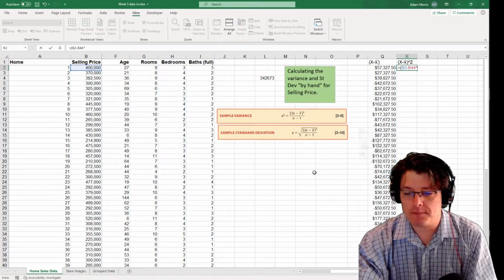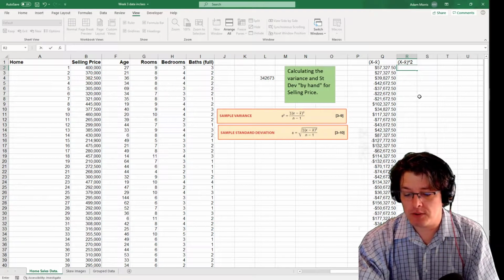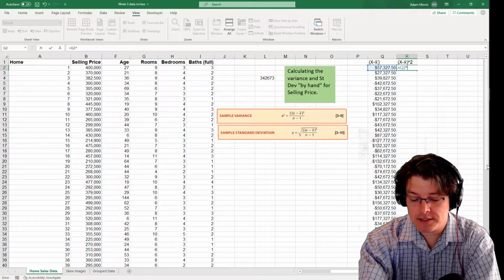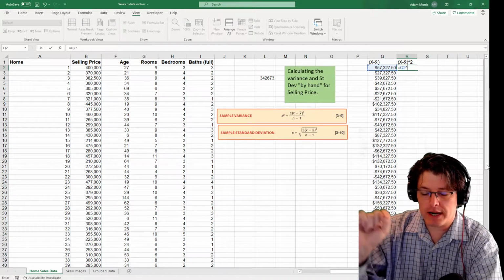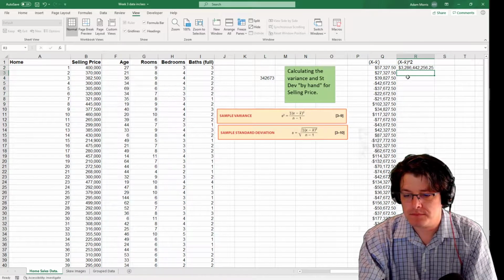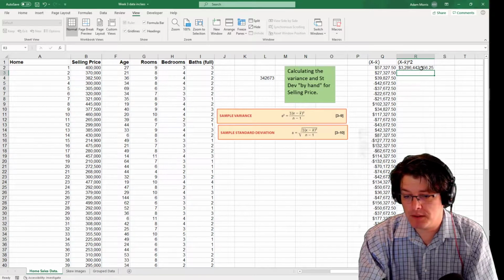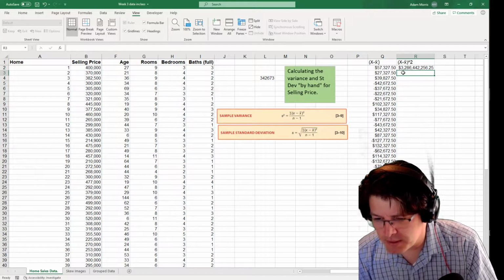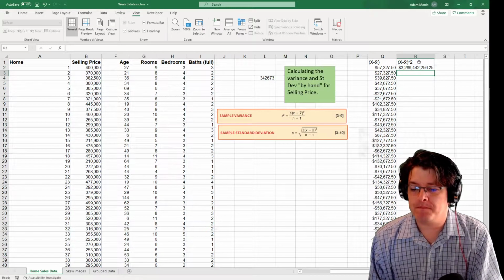I won't have to do column Q, but we have column Q, so let's just do equals Q2 and then squared. So that's just the little caret and then the 2. And we have a very large number. Okay, and that is 57,000 squared. What are we in? Are we in billions? We're in billions.